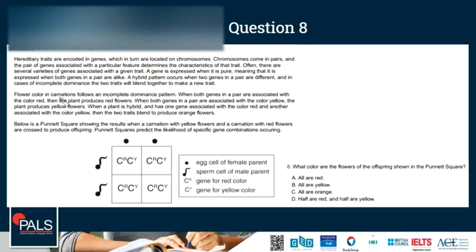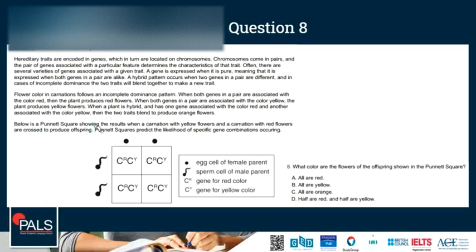Flower color in carnations follow an incomplete dominance pattern. When both genes in a pair are associated with the color red, then the plant produces red flowers. When both genes in a pair are associated with the color yellow, the plant will produce yellow flowers. When a plant is a hybrid and has one gene associated with the color red and another associated with the color yellow, then the two traits blend and produce orange flowers.